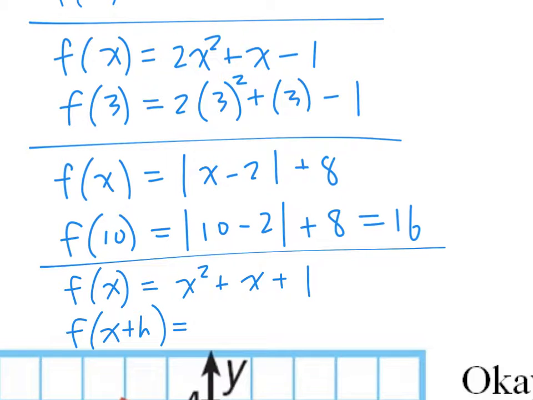Can you tell what to do? This one's a little bit hard. x squared plus h... (x plus h) squared. Okay, parentheses, very good. Squared, plus x plus h, plus 1. Okay, very good. Okay, next.